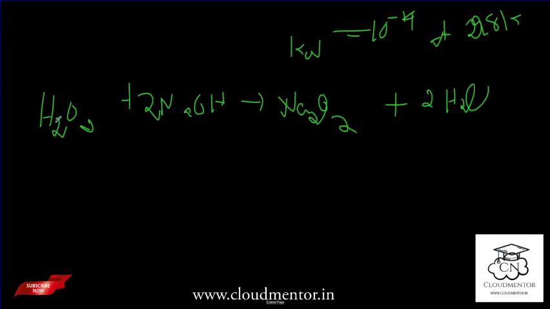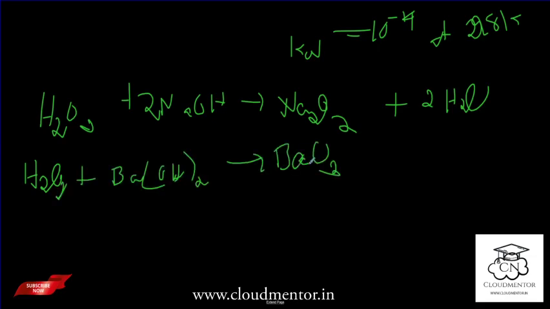And also H2O2 plus barium hydroxide giving barium peroxide and water, and H2O2 with sodium carbonate Na2CO3 giving Na2O2 with carbon dioxide and water.